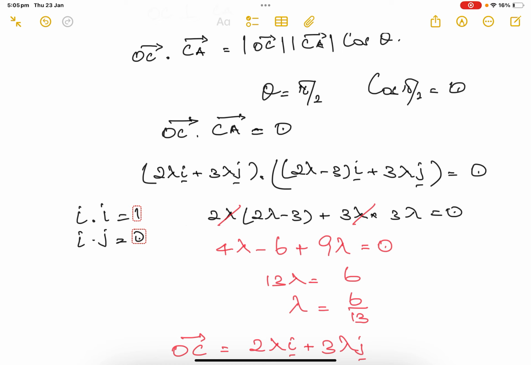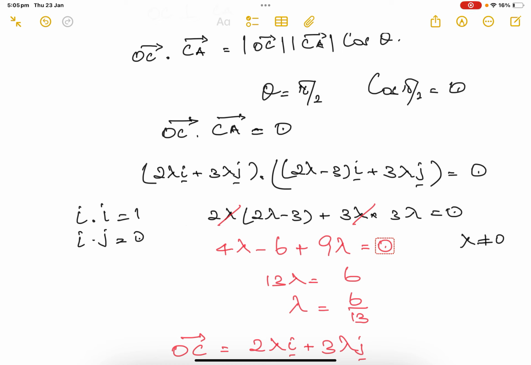So 2 lambda times 2 lambda minus 3, since i dot i is 1, plus 3 lambda times 3 lambda, since j dot j is 1. Lambda is not 0, so we can cancel out lambda. What we are left with is 2 times 2 lambda minus 3 plus 3 times 3 lambda equals 0.